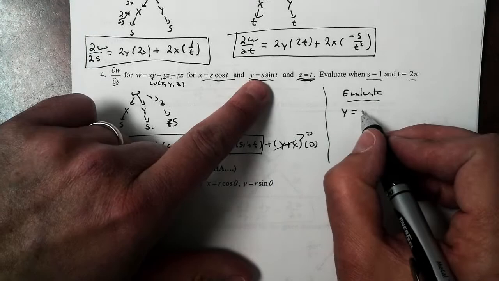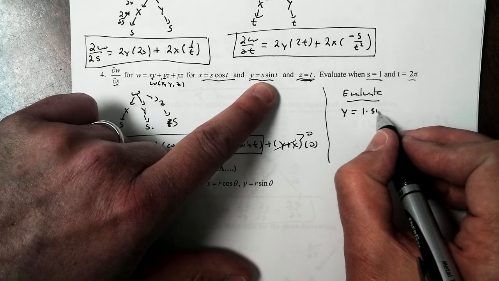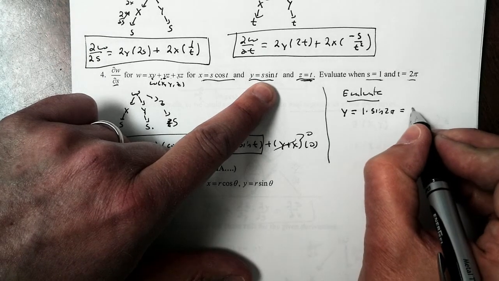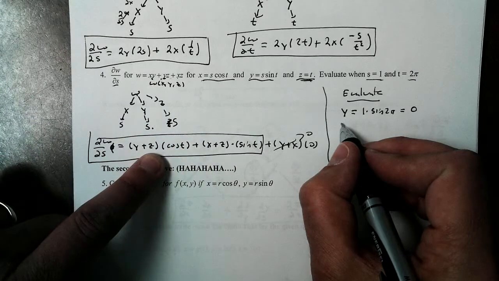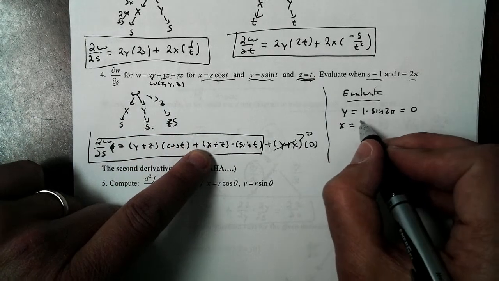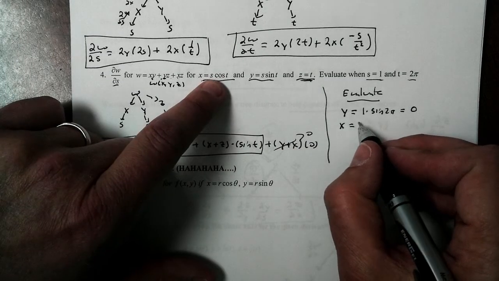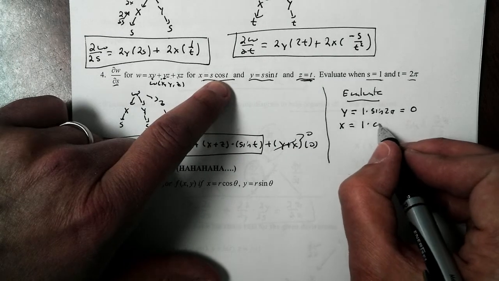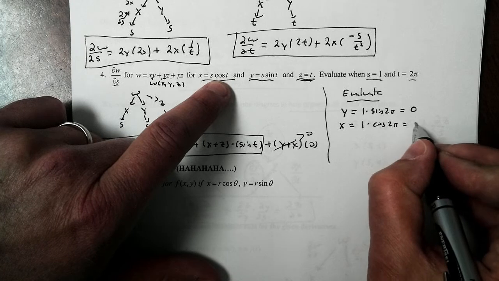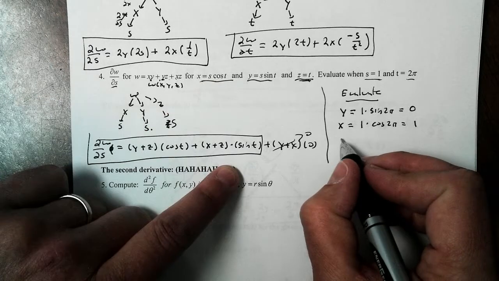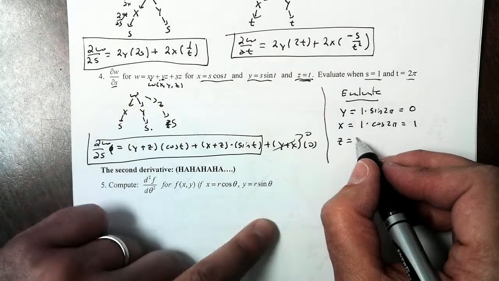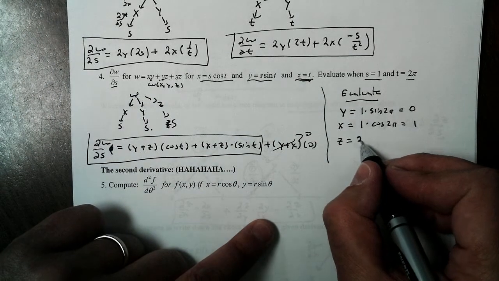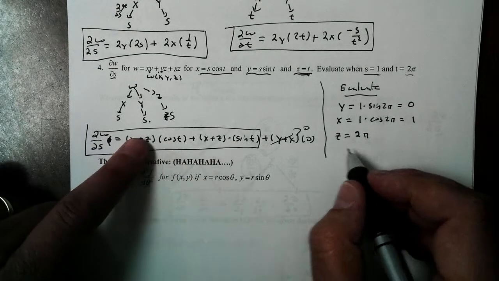Y is just going to be s is 1 times the sine of 2 pi, which is 0. Let's do x. X is going to be 1 times the cosine of 2 pi, which is 1. And then z, well, what's z going to be? Z is just going to be whatever t is. So z is just going to be 2 pi. And we can just plug all that in.